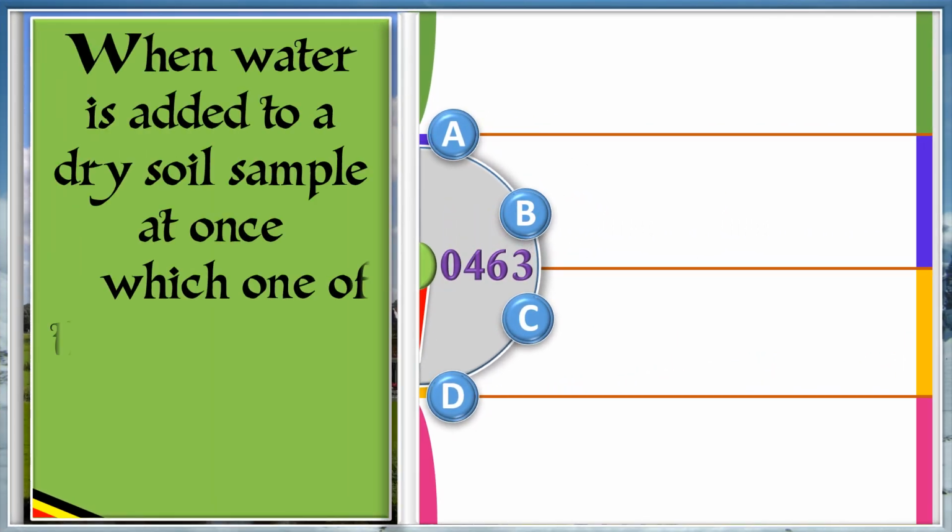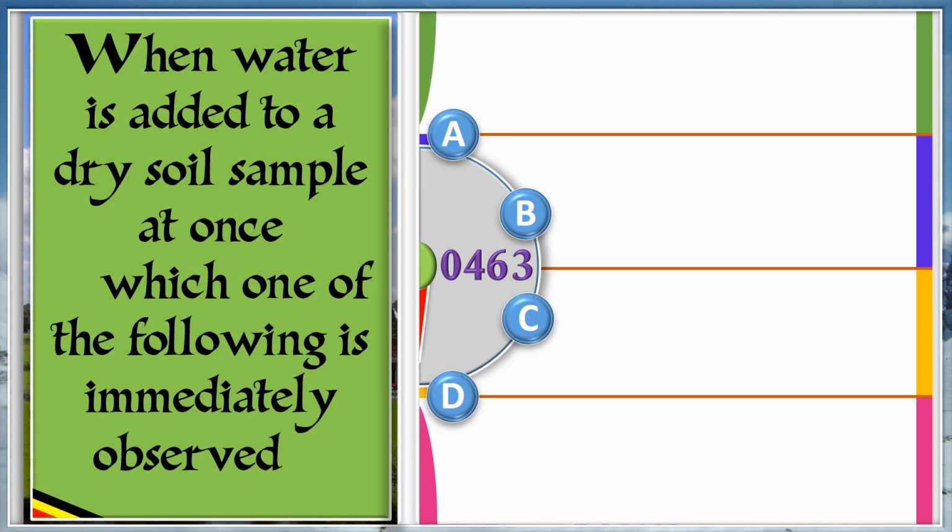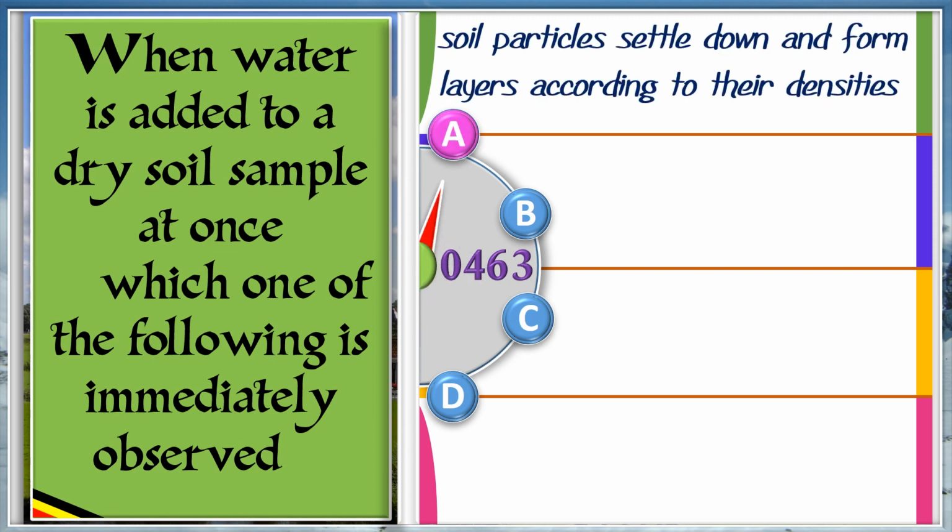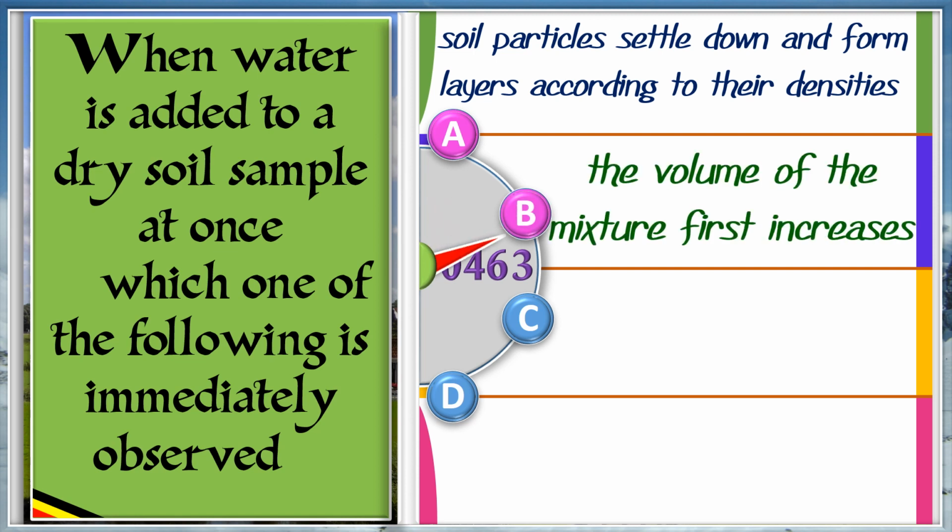When water is added to a dry soil sample at once, which one of the following is immediately observed? A. Soil particles settle down and form layers according to their density. B. The volume of the mixture first increases.